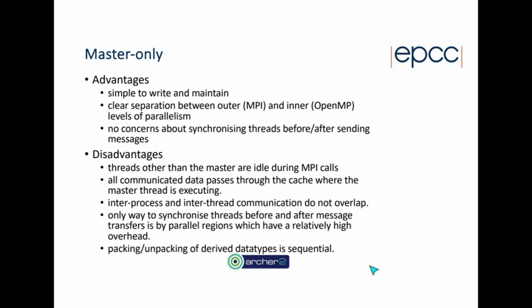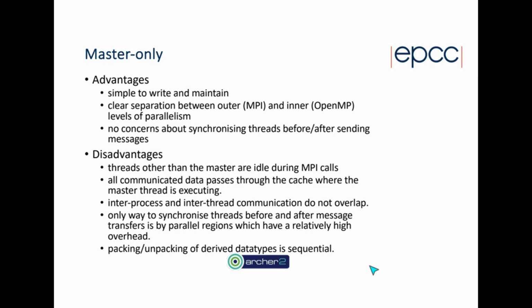Your outer level is expressed with MPI and your inner level with OpenMP, and they don't interact with each other, at least in the sense of how the program is written. Also, you don't have any concerns about synchronizing threads before or after sending messages, because all the messages come from outside parallel regions.